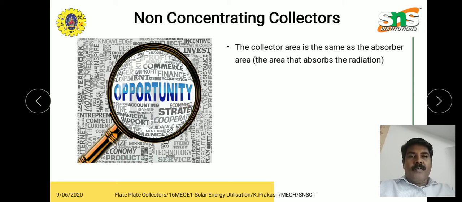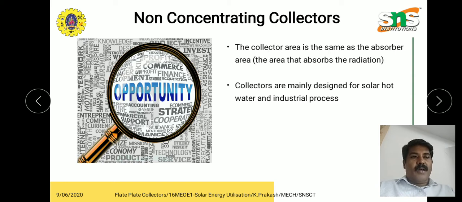When the lens is moved, the size of the letters varies, because the zooming area of the lens is differing. When it comes closer or moves upwards, there is a difference. In the same way, in a non-concentrating collector, the collector area is the same as the observer area.